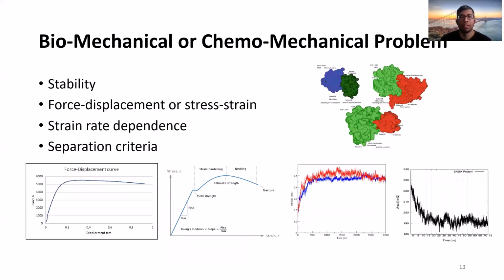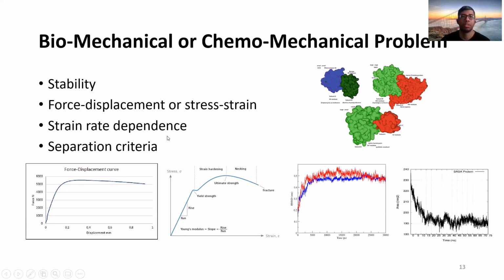And as we have mentioned, in molecular dynamics simulation we want to observe the stability. If we want to determine mechanical properties, we want to show a force displacement curve or stress strain. So basically we're stretching the protein and getting the stress strain curve.